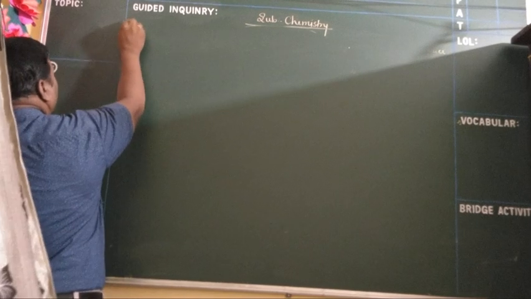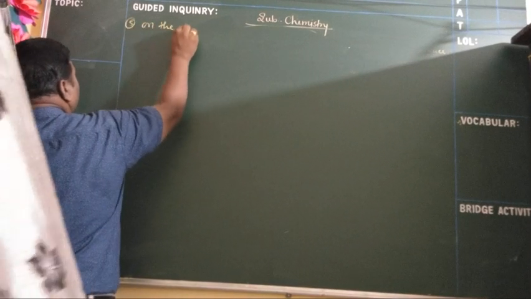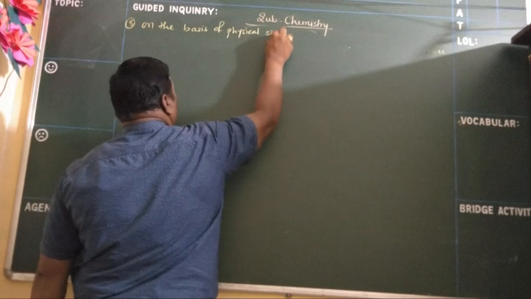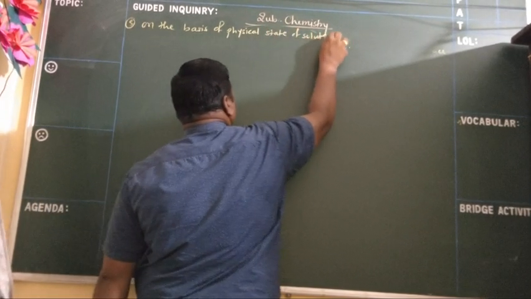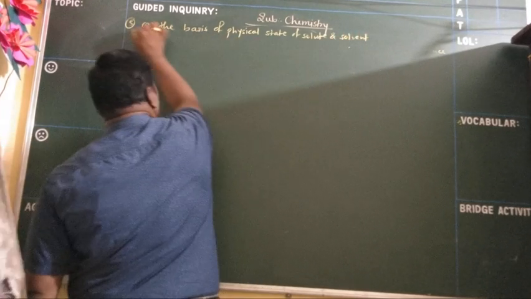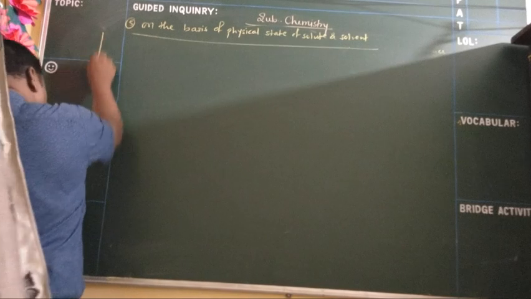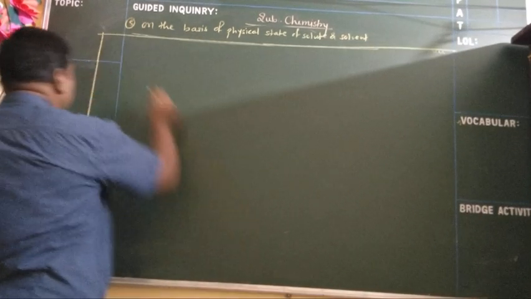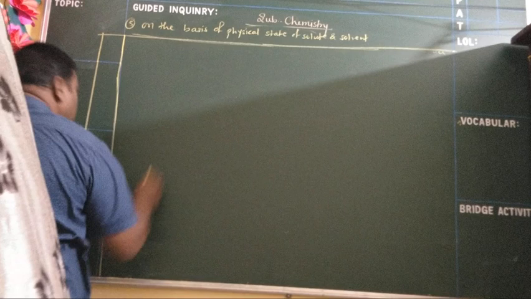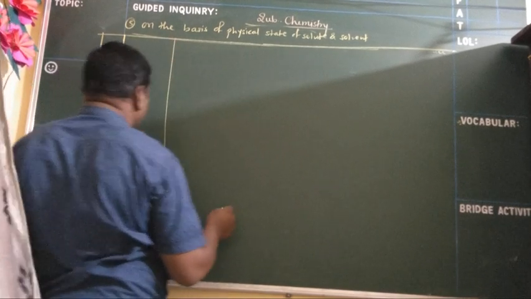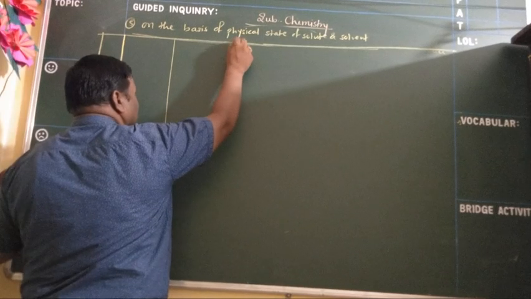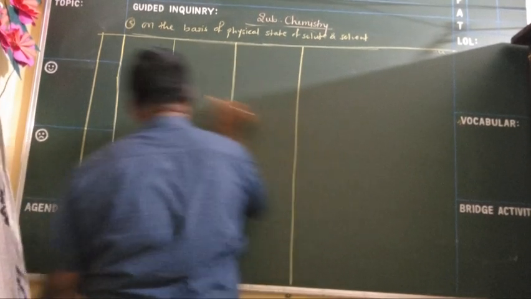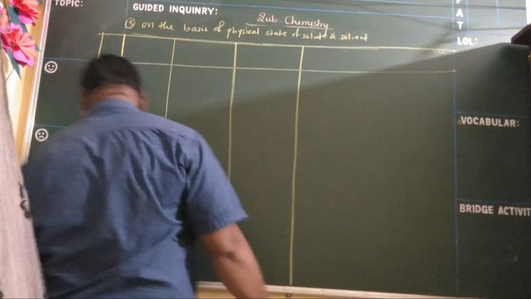Number 5: on the basis of physical state of solute and solvent. Here it has a total of 9 types.